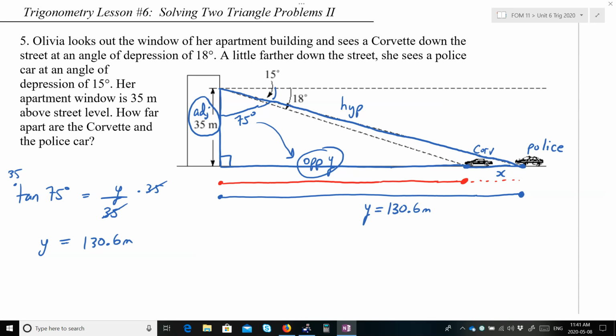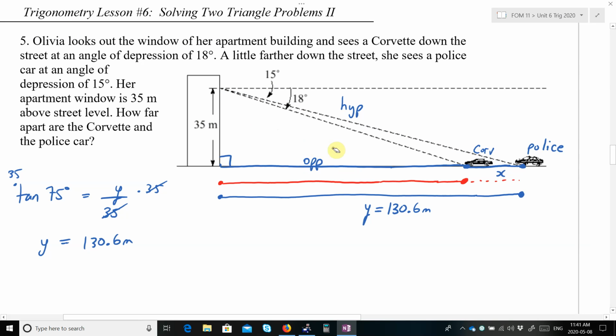Now we have to get the red line, so I'm going to erase all of this stuff. Now we have to figure out this distance here, which we could call Z. We're going to use the smaller triangle this time.